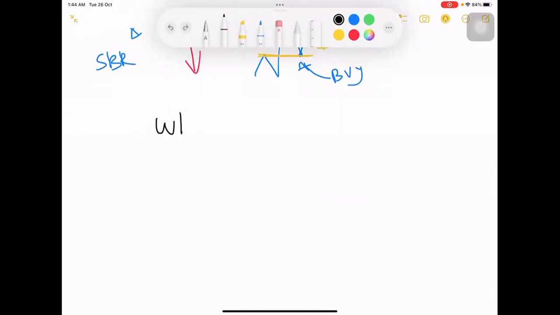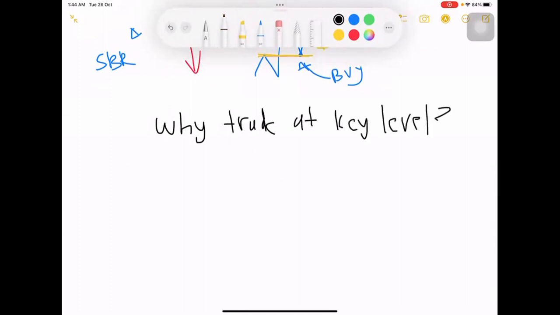So why trade at key level? Aston, why? Because you have to monitor for the price action at this level. Yes.